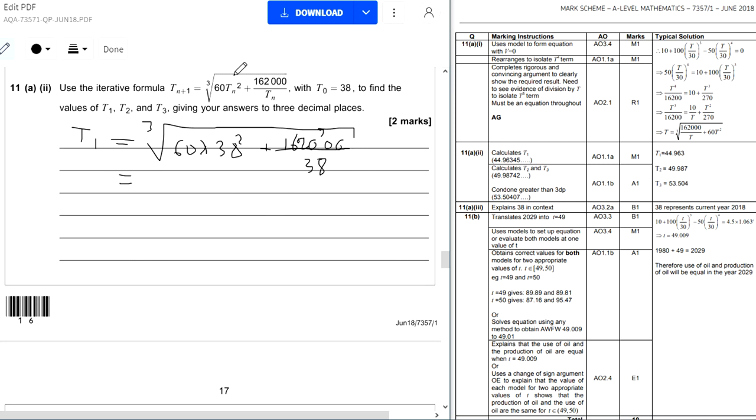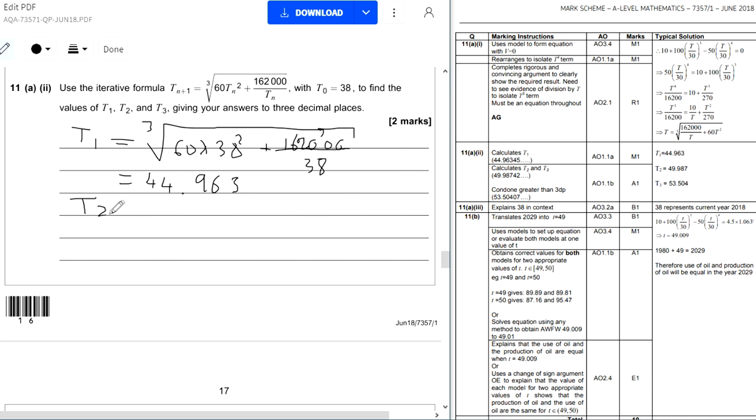And then what I'm going to do is I'm going to make that formula, but instead of tn, I'm going to put answer. And so what's going to happen is I'll have that formula in terms of what my last answer is, which is basically what that is. It's a recurring formula. So I'm going to find that t1 to 3 decimal places is 44.963.